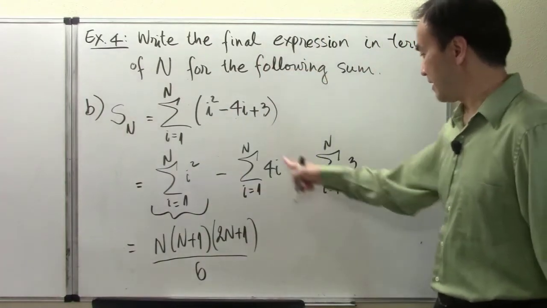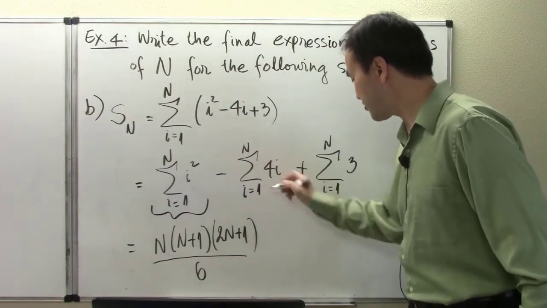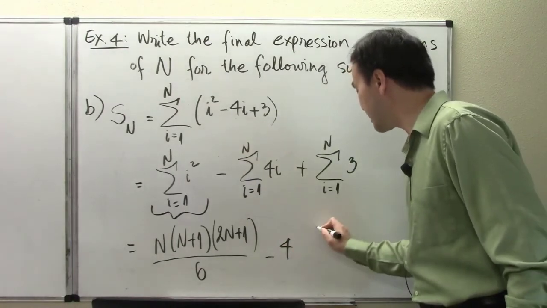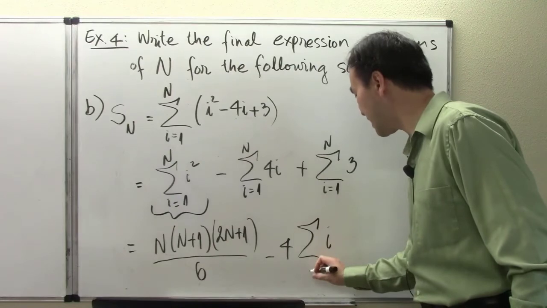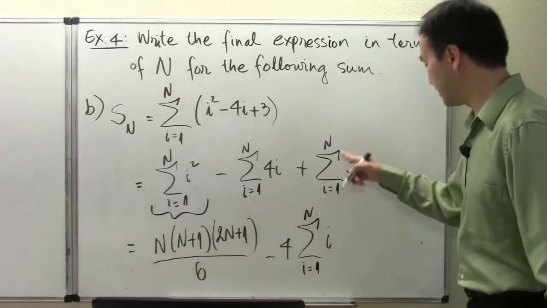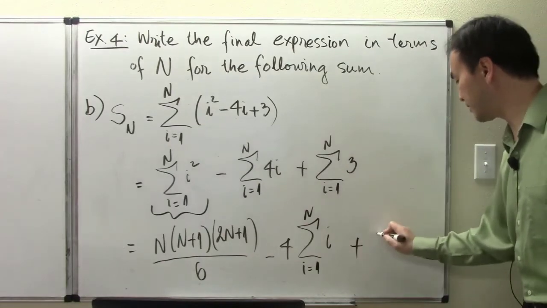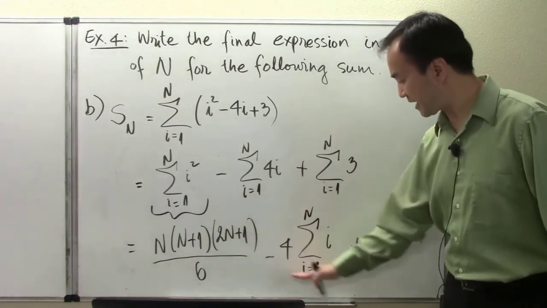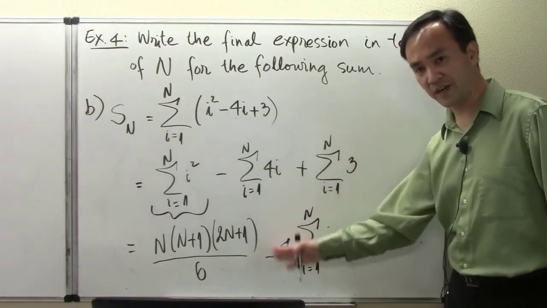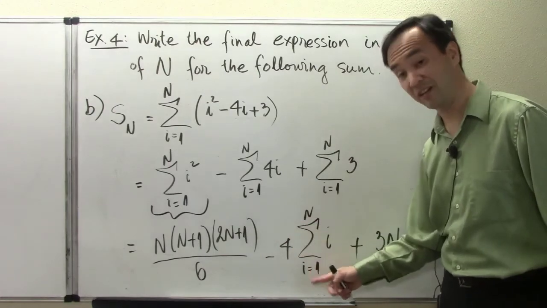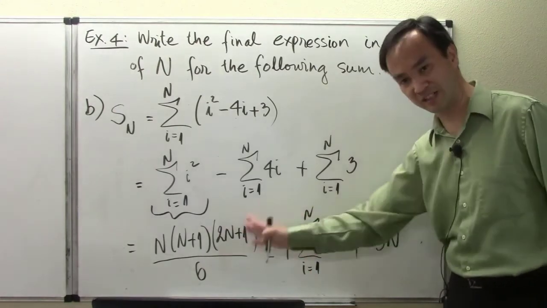For the next summation, the subtraction, we can pull the 4 in front and turn that into a summation of i, where i is running from 1 to n. The last term here is the same as 3n. In my next board, I'm going to write down the final expression in terms of n, and then we'll do some algebra to combine like terms.